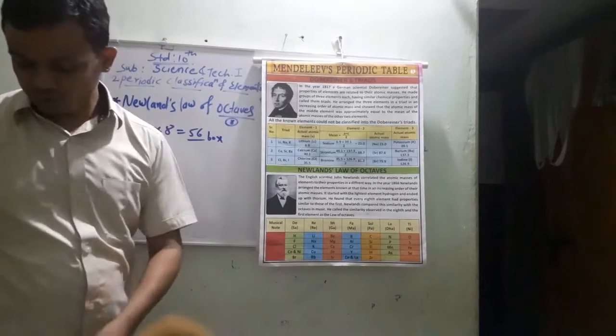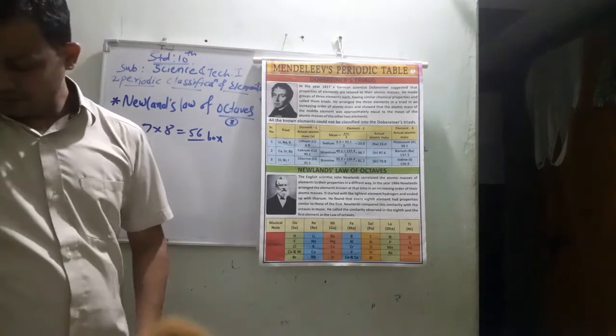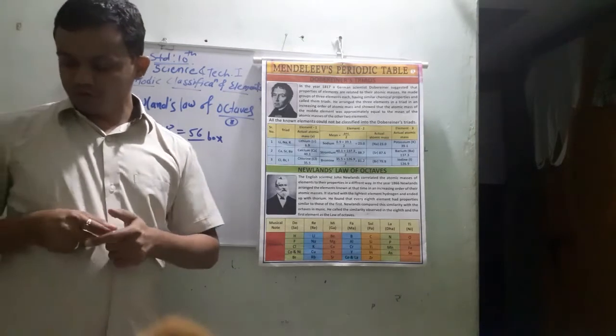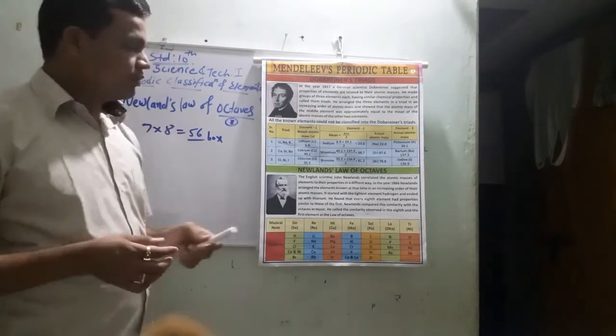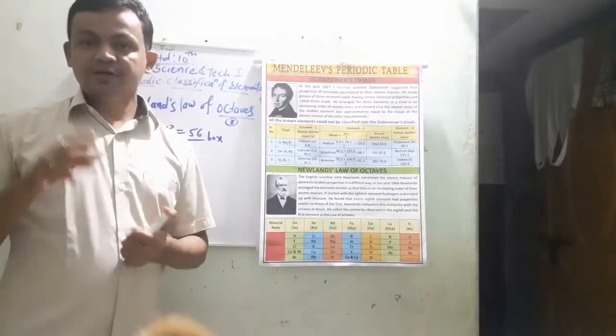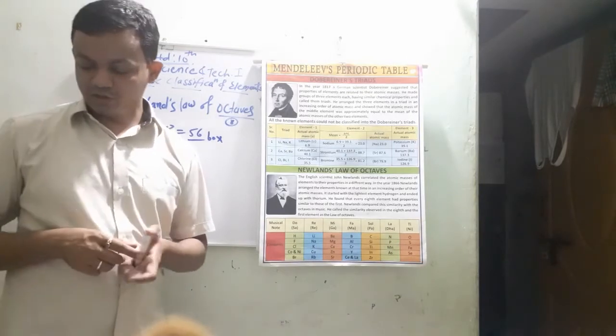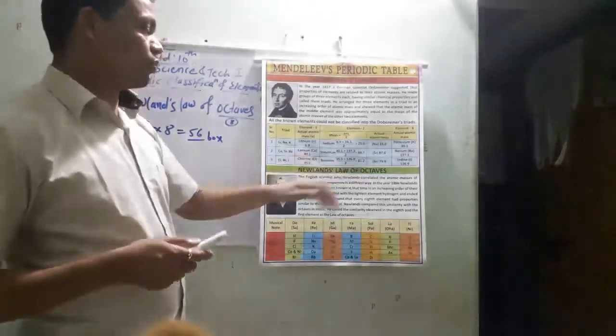Now the next point we will see here, that is Newland's octave. In Newland's law of octave, there are many limitations. We will see what limitations were found in the Newland octave.